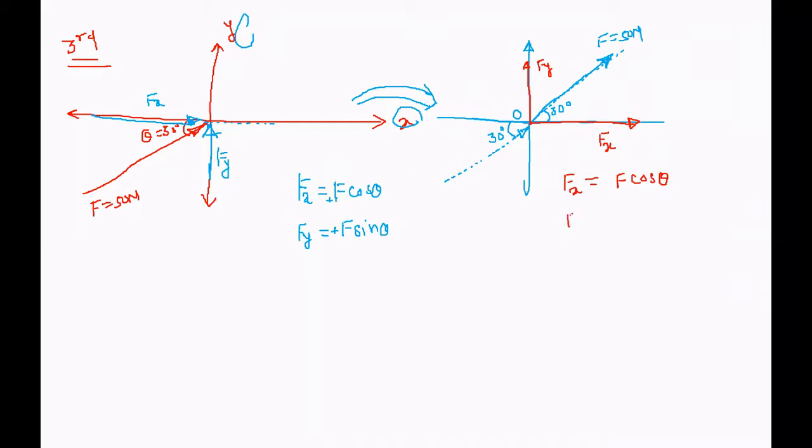And your Fy, it is the opposite component, so we will write this as F sin theta. And both these components, Fx and Fy, are directed towards the positive x direction and the positive y direction. So in the calculation, we have to consider this as positive. Okay. And the last case, which is the fourth quadrant.